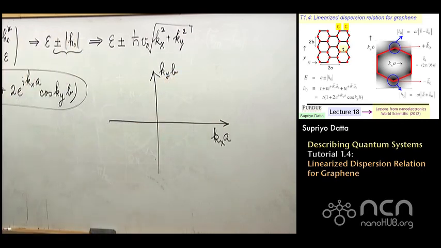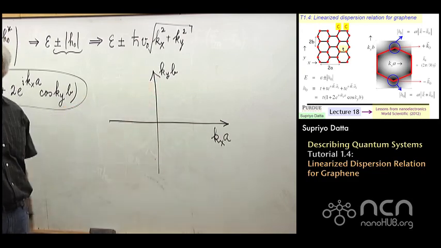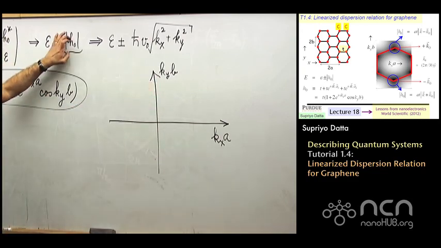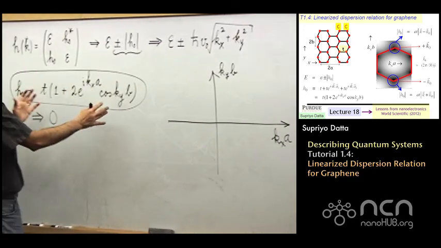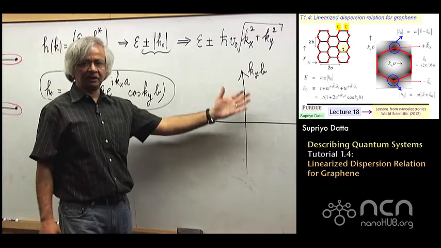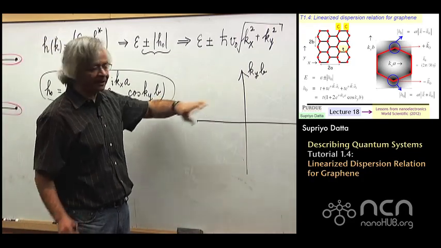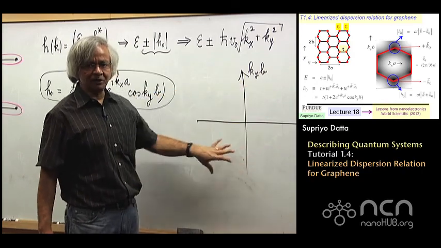And the question is, on that plane, for what values of Kxa and Kyb is H0 equal to 0? Of course, you could just take this quantity and ask MATLAB to plot it on a grayscale plot, making it dark when it is small. So then you'll see where the spots are.